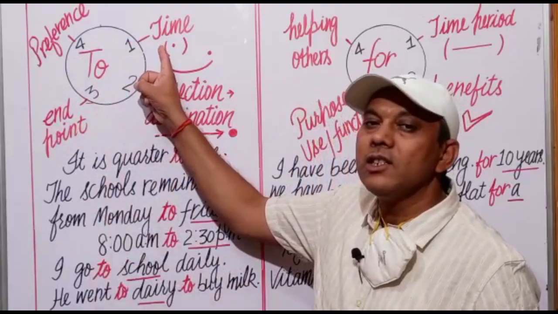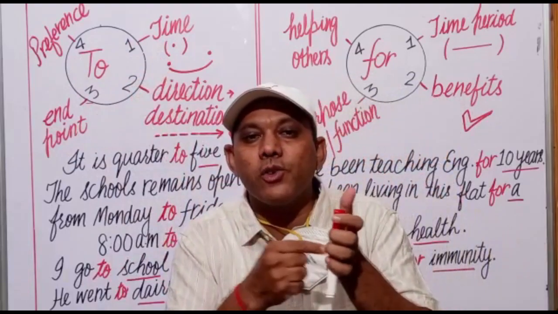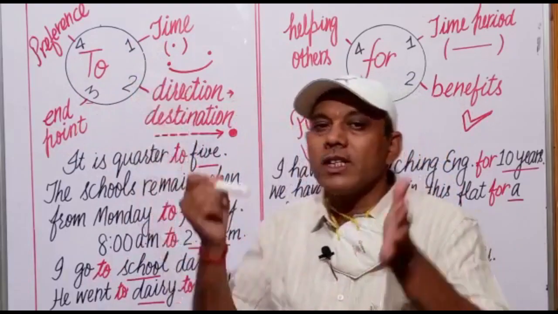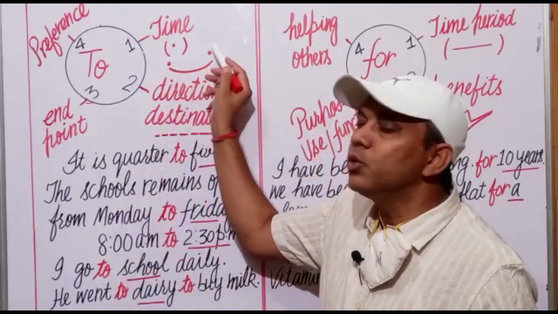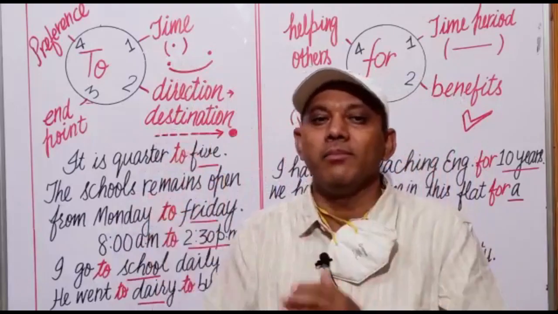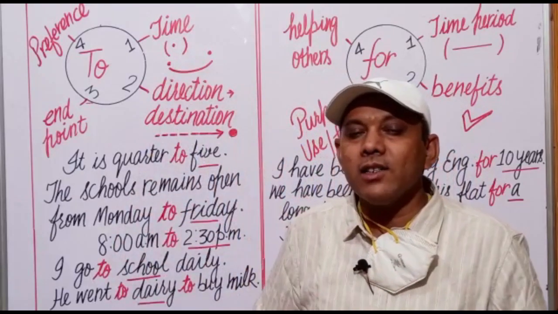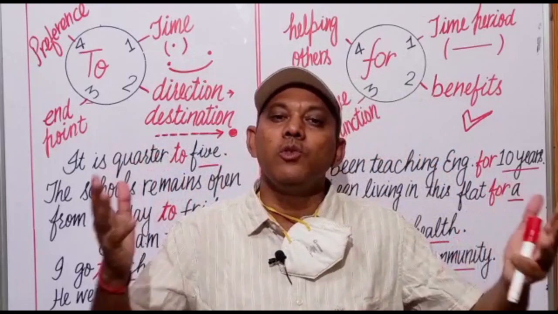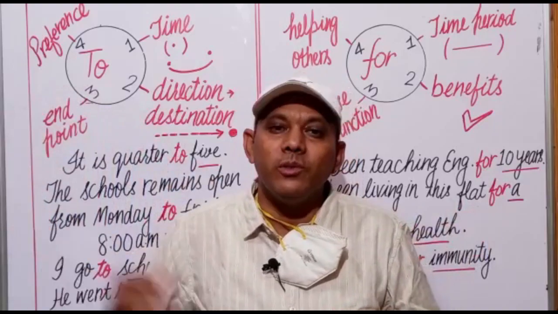For example, time. To is used for a specific point of time. It is used for a specific point of time and it is used for two different points of time. For example, we can say that it is quarter to 2 p.m., means 15 minutes to go to 2.